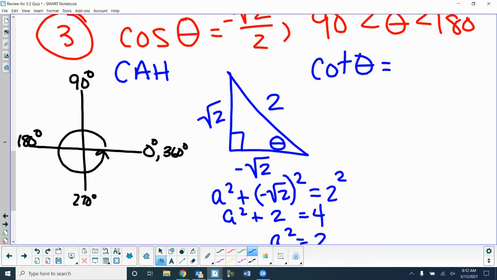That's what I'm looking for. So again, there's my theta. Cotangent is adjacent over opposite, the reciprocal of tangent. So negative radical 2 divided by radical 2 is what? Negative 1, right? There's the exact value.